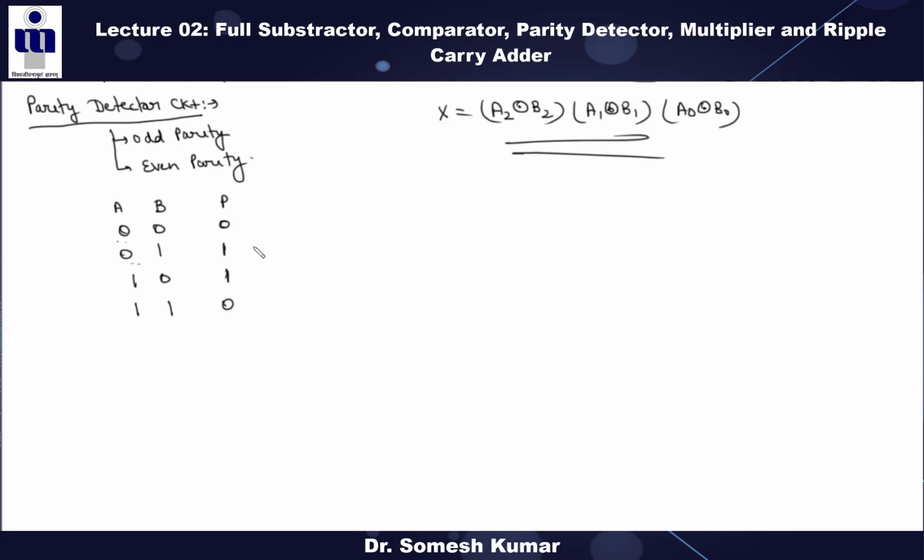It means this is odd parity: when there is an odd number of ones, the output is one. The XOR gate gives the odd parity. And what about the XNOR? XNOR gives even parity, right? Clear?